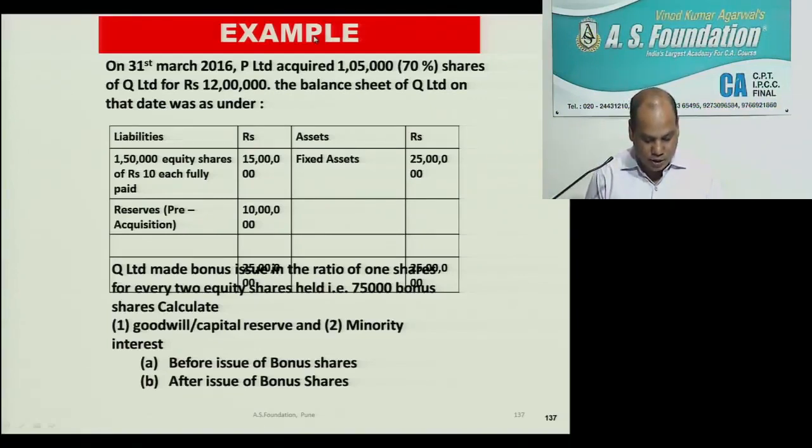Reserve pre-acquisition 10 lakh. Fixed asset 25 lakh. Q Limited made a bonus issue in the ratio of 1:2, that is 75,000 bonus shares. Calculate goodwill or capital reserve and minority interest before issue of bonus share and after issue of bonus share.